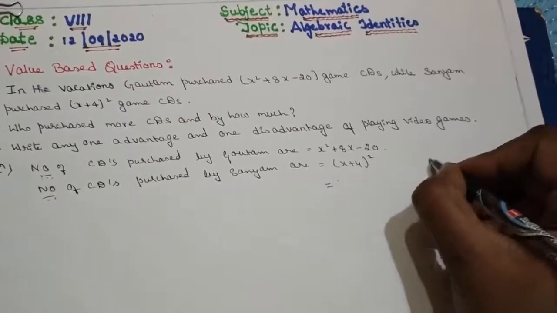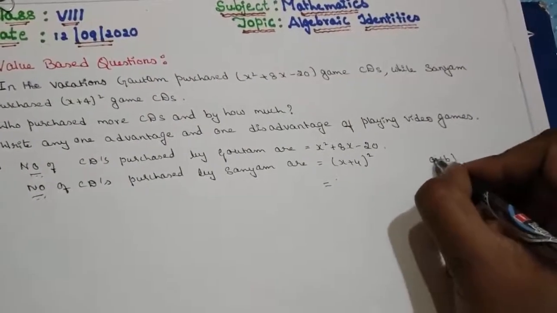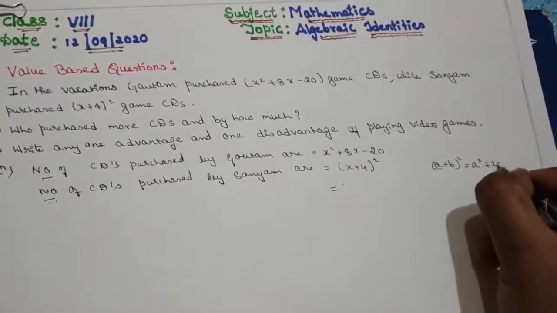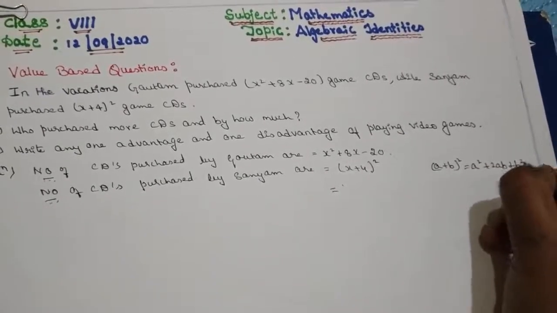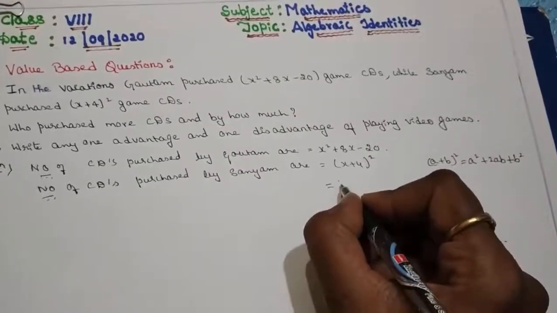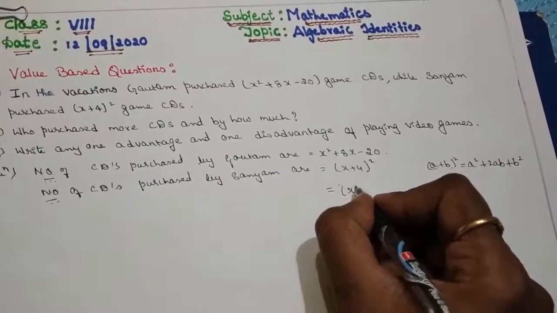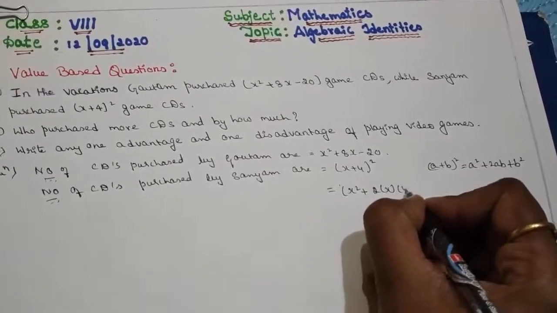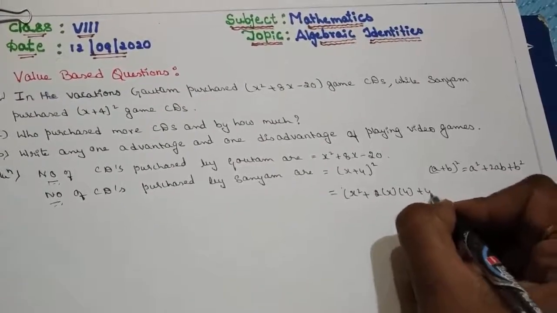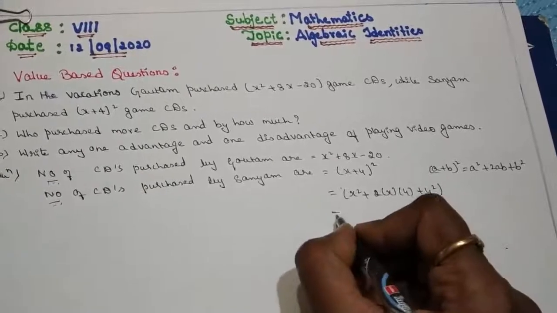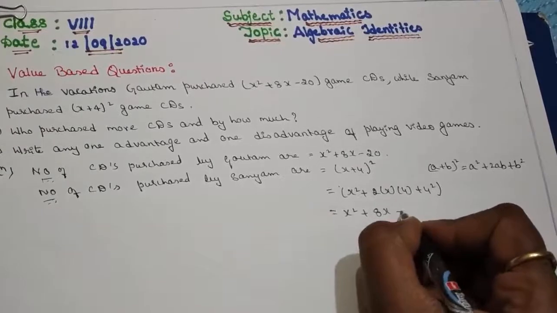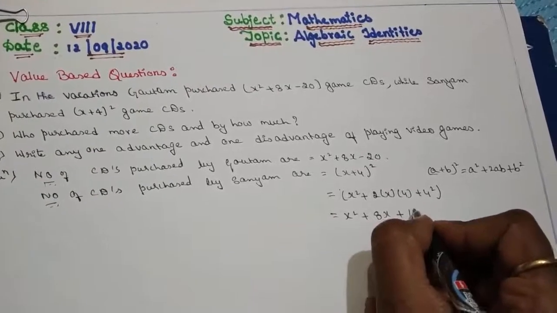So we know that (a plus b) whole square equals a square plus 2ab plus b square. Similarly, you can apply here x square plus 2 into x into 4 plus 4 square. What happens? x square plus 8x plus 16.